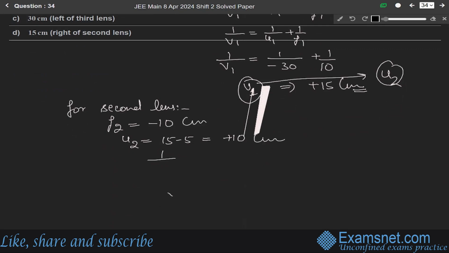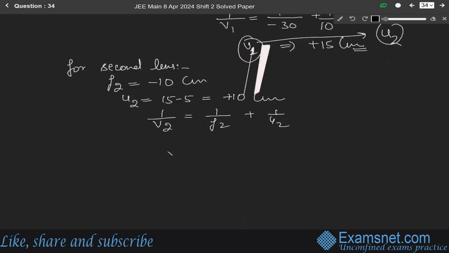Again using the formula, 1 over V2 is equal to 1 over F2 plus 1 over U2. Putting the values, 1 over V2 is equal to 1 over minus 10 plus 1 over 10. From this we get V2 equal to infinity, meaning the image is formed by the second lens at infinite distance, and this image will act as an object for the third lens.